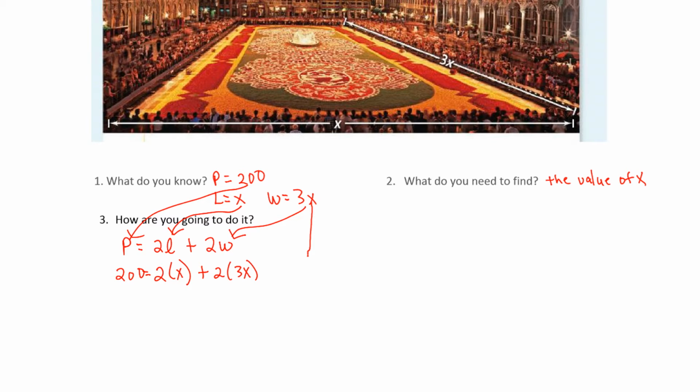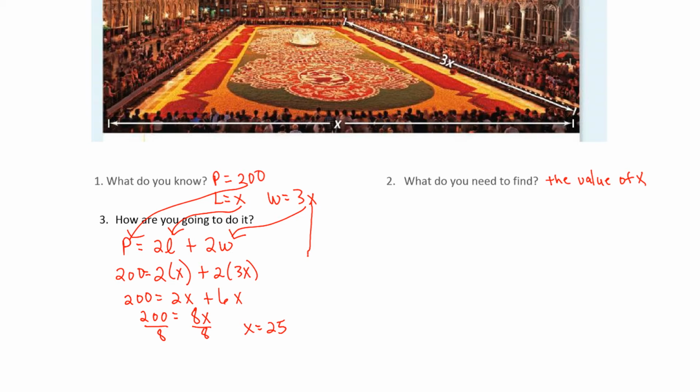Then I just need to solve the equation. 200 equals 2x plus 6x, so 200 equals 8x. Divide by 8, and I get 200 divided by 8, so x equals 25.